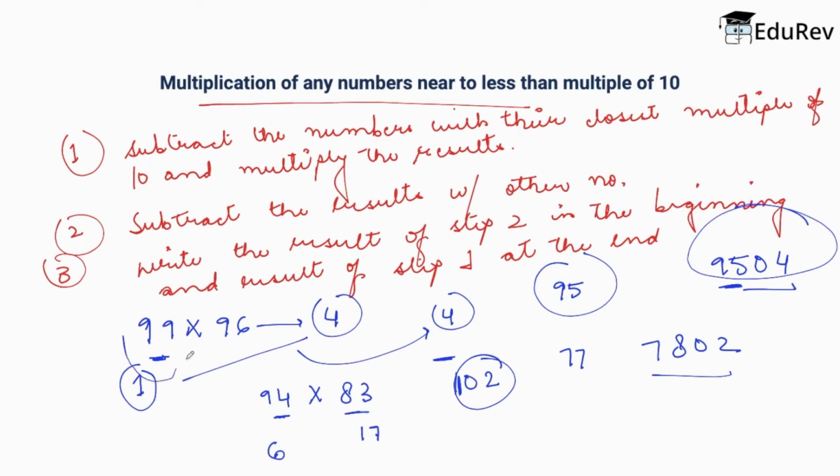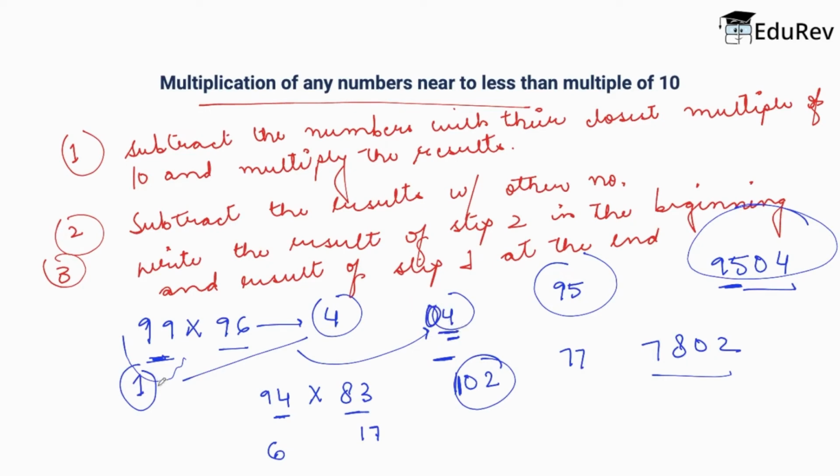So this is how we multiply any numbers nearer to or less than the multiple of 10. It's very, very simple. Suppose you have two numbers, that is 99 and 96. I'm going to subtract both of those numbers from 100 and I will get results like 1 and 4 in this case. Then I have to multiply the results, that is 4 into 1, and I'll get 4. The answer is going to be 04; I have to write it in 2 digits.